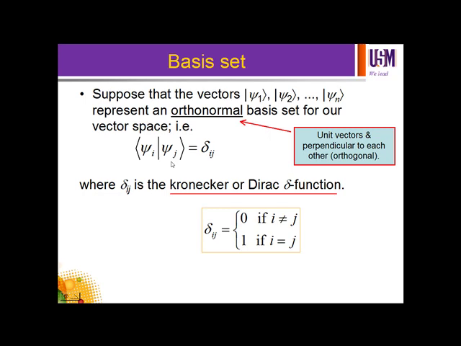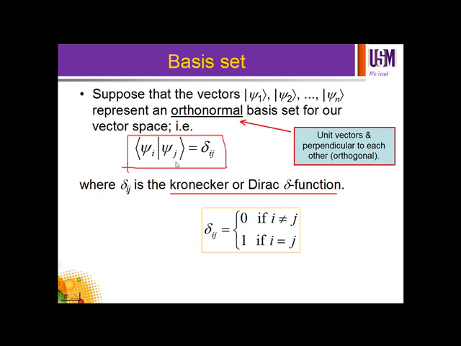That means if psi i and psi j are the basis set for the vector space, so any inner products of the psi, that means the elements of the vector space, will be controlled or maintained by this relationship.